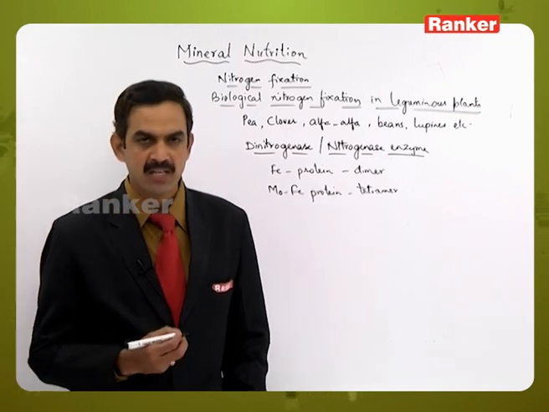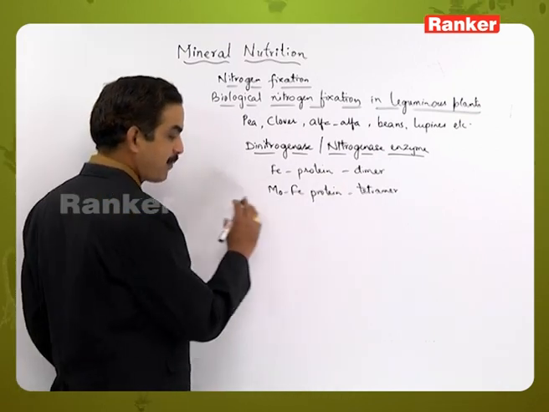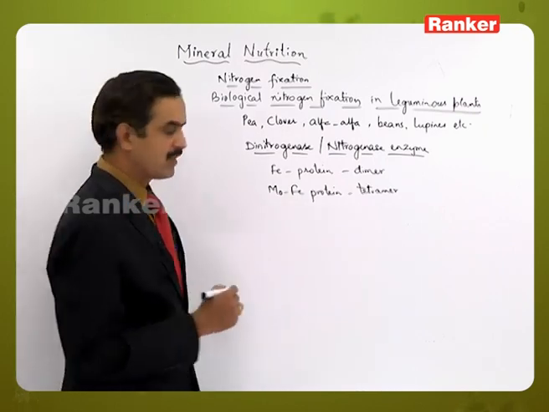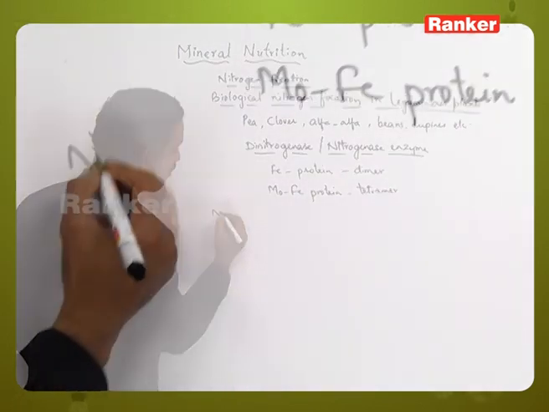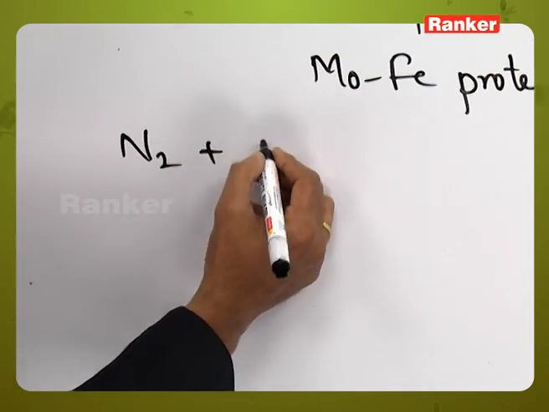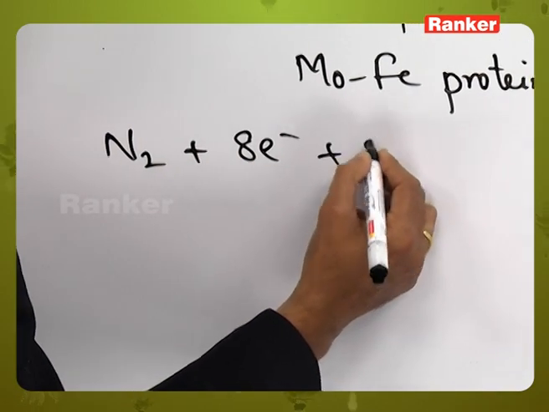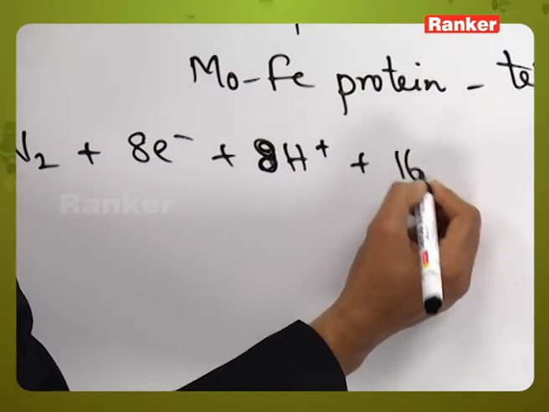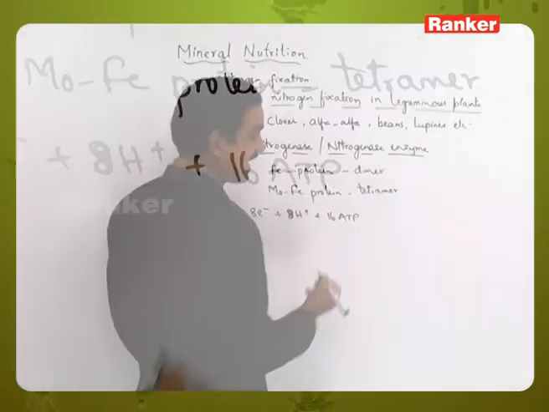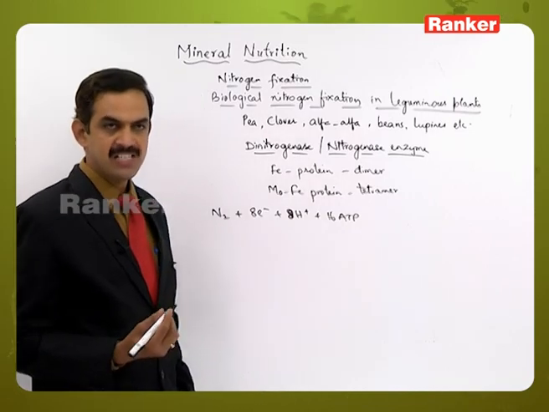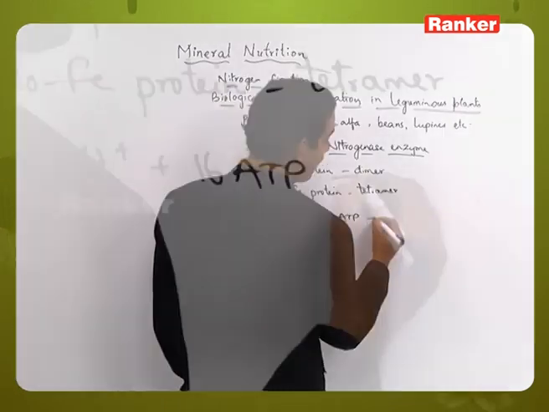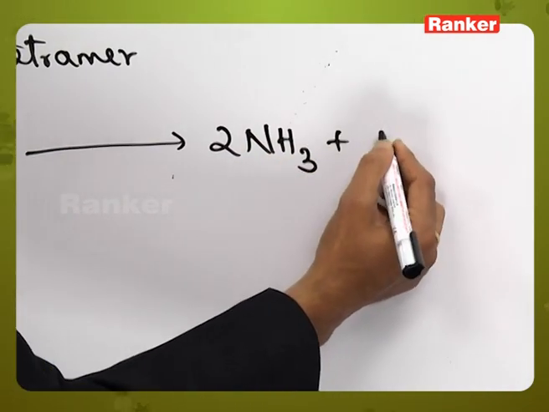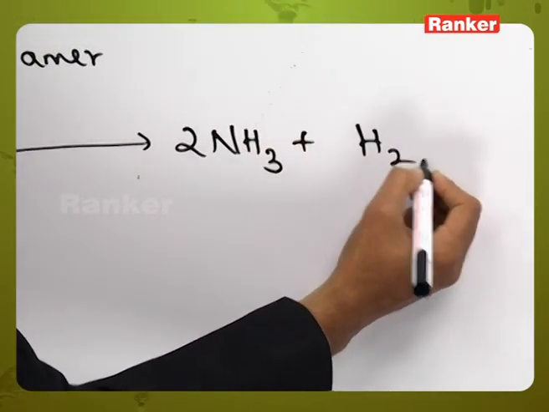organisms during symbiotic association. So here the entire process of nitrogen fixation in the legume plants is given in the form of an equation, where two molecules of nitrogen by taking 8 electrons and utilizing 8 protons, and they need some energy also in the form of ATP. 16 molecules of ATP are required, and they form into 2 molecules of ammonia, and hydrogen molecule will be released.